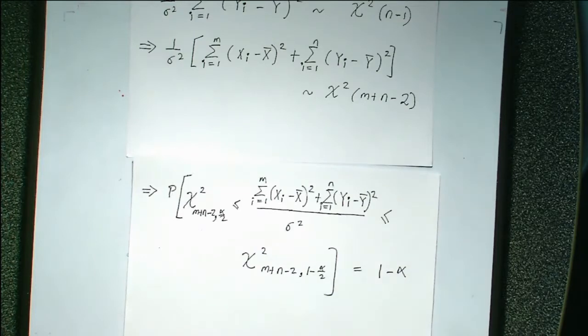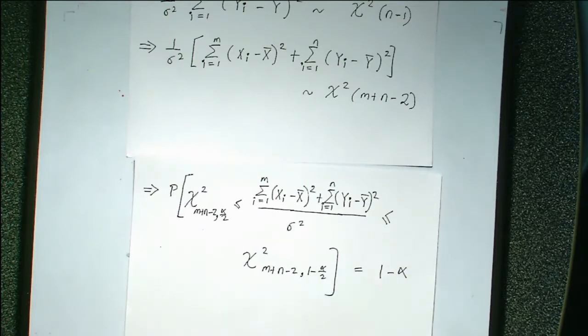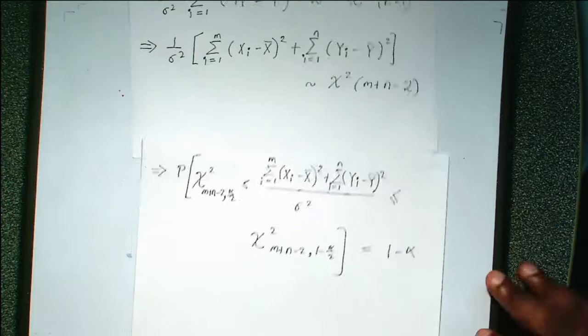This is something I explained last week. You remember the picture of the percentiles of the chi-square distribution, and the area between them is 1 minus alpha. I hope you remember.